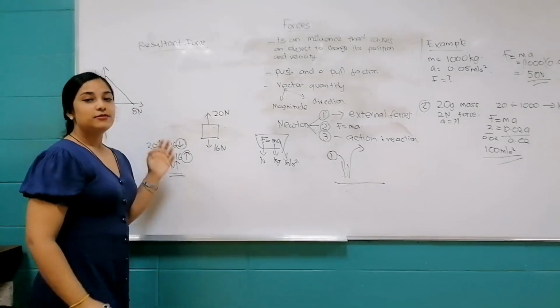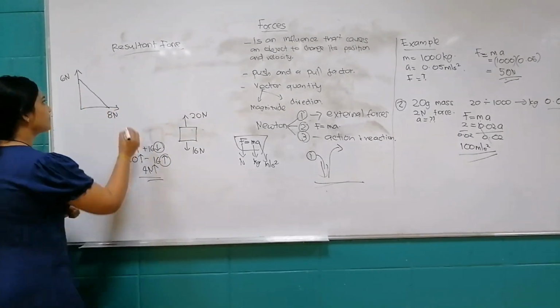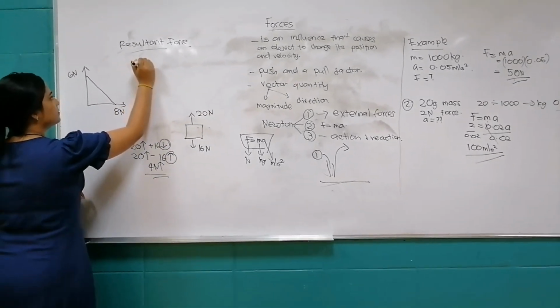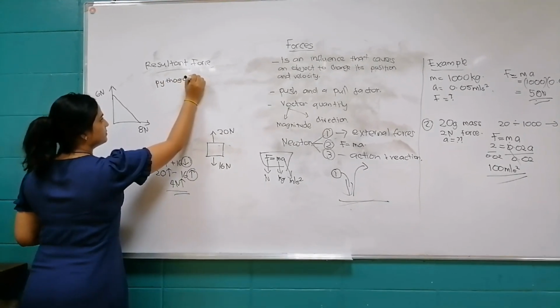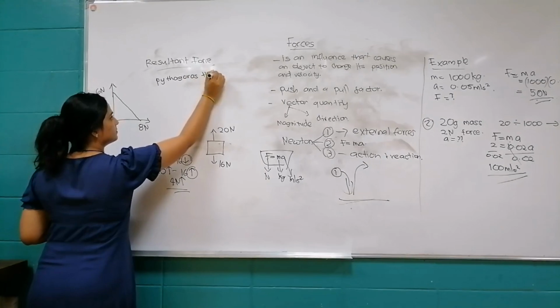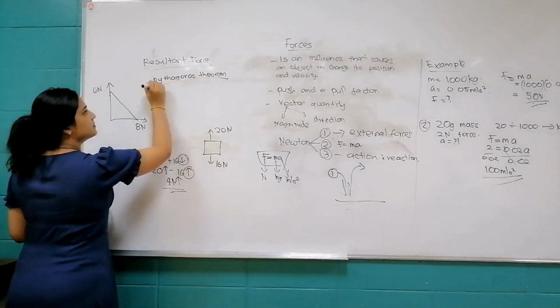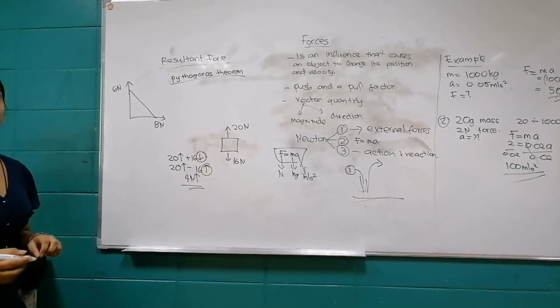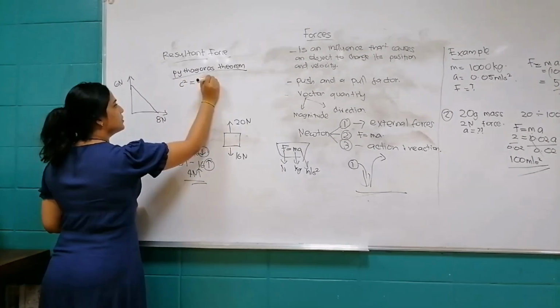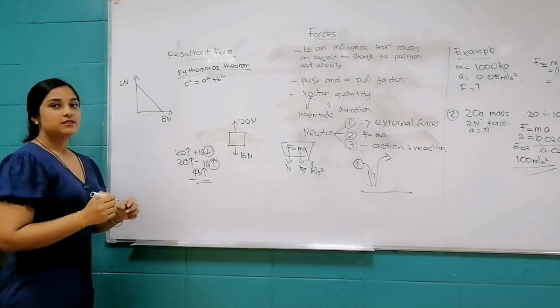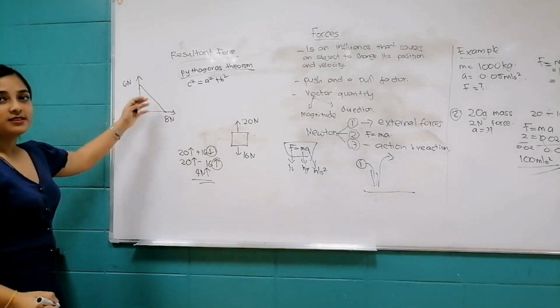To solve this, we have to use the Pythagoras theorem. So what is the Pythagoras theorem? C squared is equal to A squared plus B squared. Your C will be the longest length, the hypotenuse.